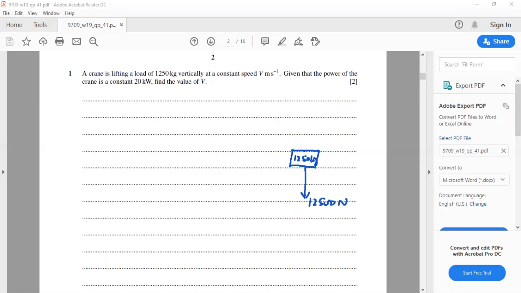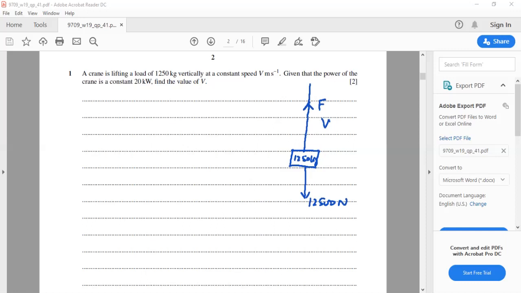Since it is lifted upward, the force will be upward, and the speed is constant. Since the speed is constant, the upward force and downward force must be equal.